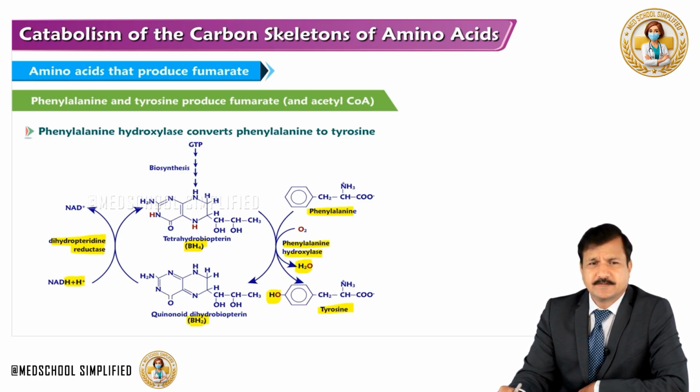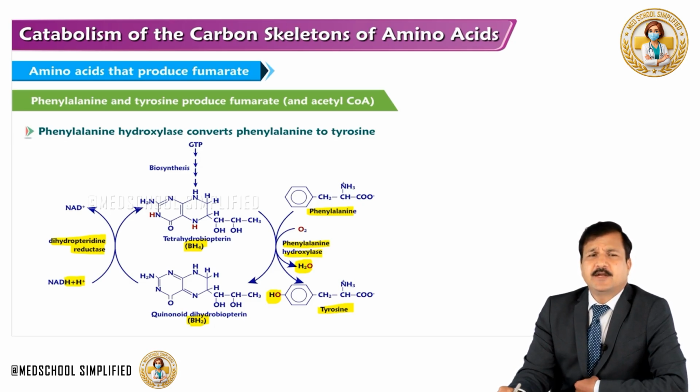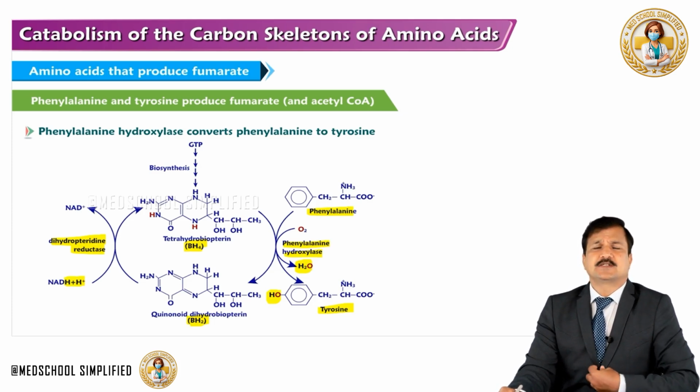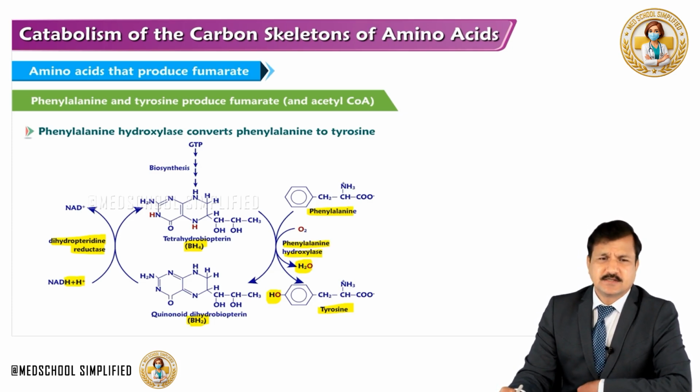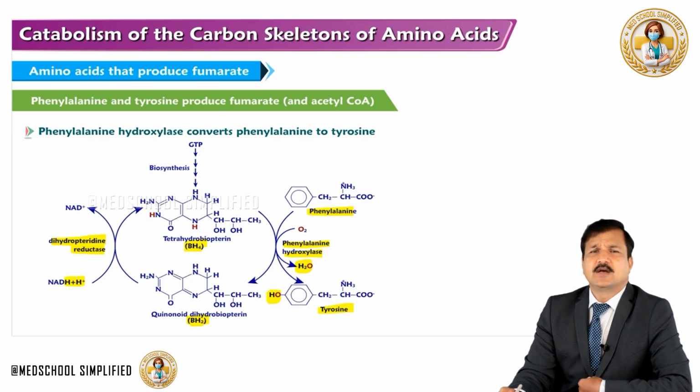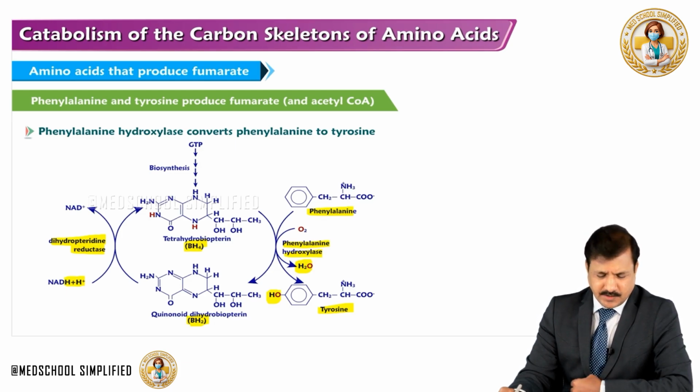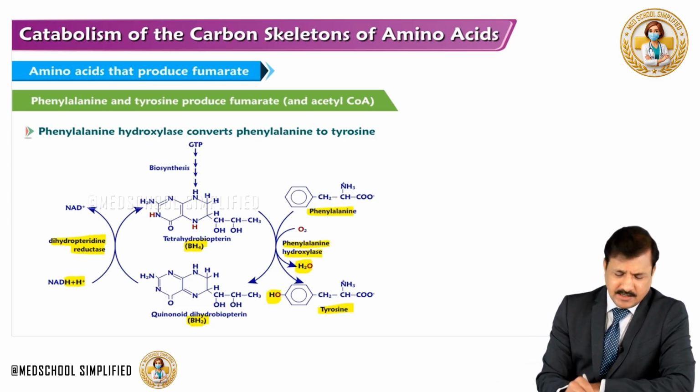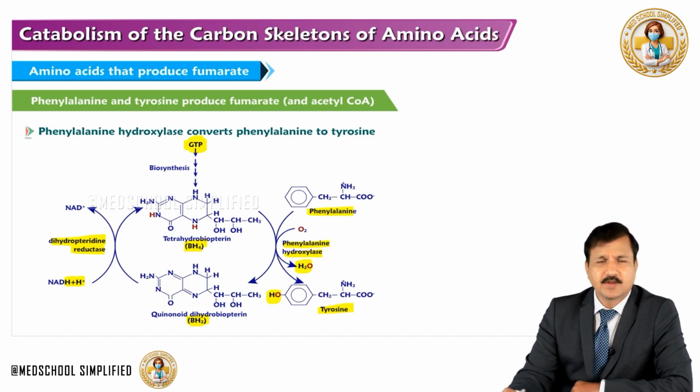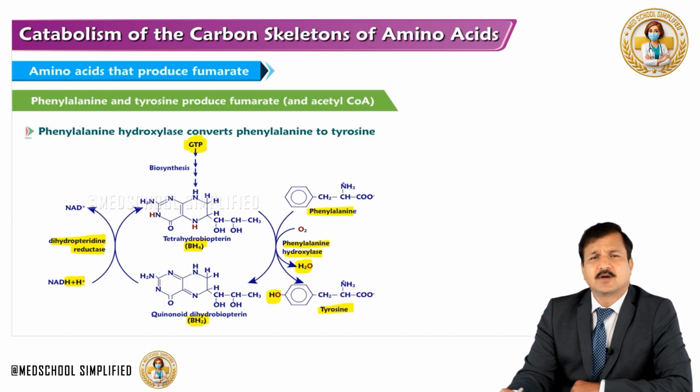Also note that, like any other coenzymes in our cells, only a limited amount of coenzyme is synthesized in the cells. That means coenzymes need to be recycled all the time. The same concept applies to tetrahydrobiopterin also. A new molecule of tetrahydrobiopterin can be synthesized by multiple reactions starting from guanosine triphosphate, GTP.